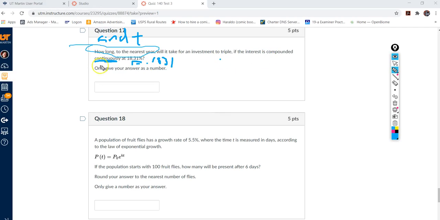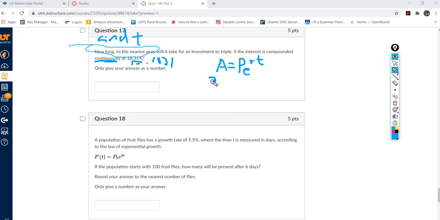And if it's compounded continuously, the formula is A equals P times e to the RT. Now, your investment triples. If you start with P, what will you end with?